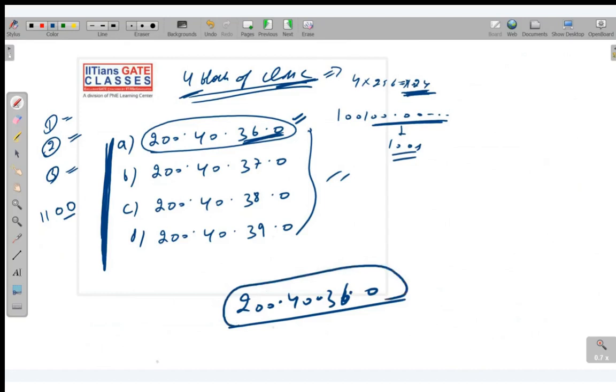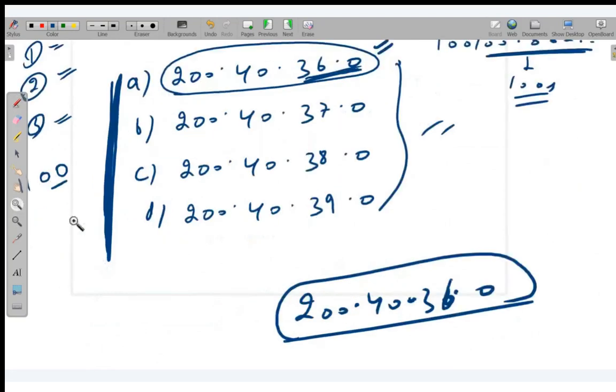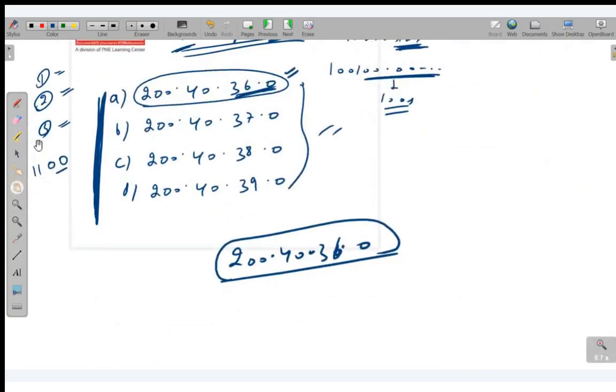For example, an internet router has received an IP address, say 200.40.38.36. Internet router has received this.